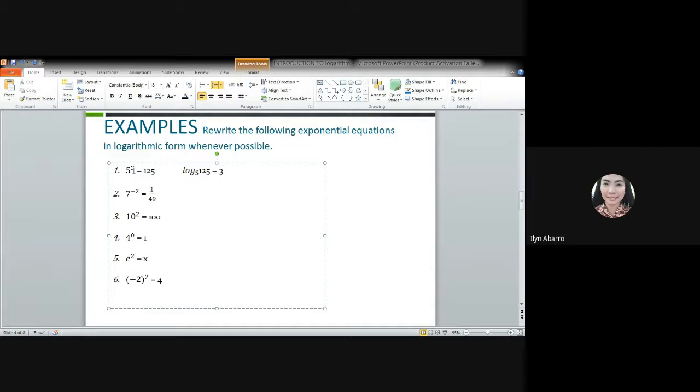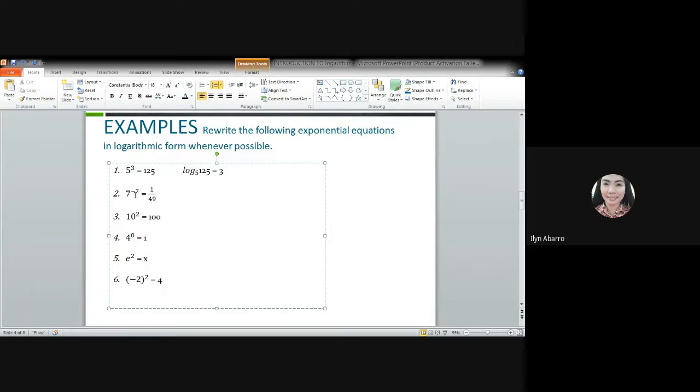Okay, so 5 cubed equals 125 can be written this way: the logarithm of 125 with base 5 is equal to 3, the exponent here. Okay, so let us have number 2.